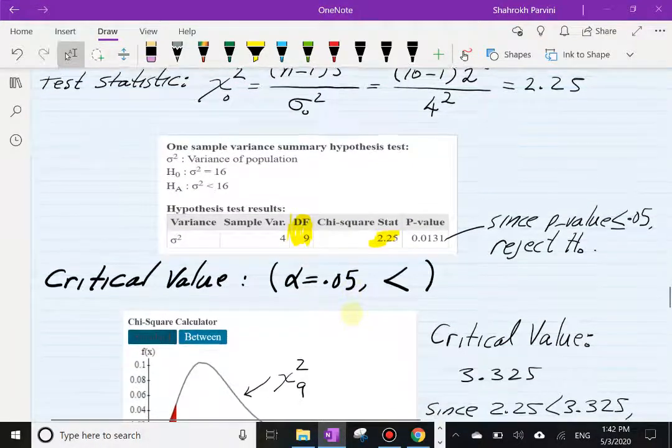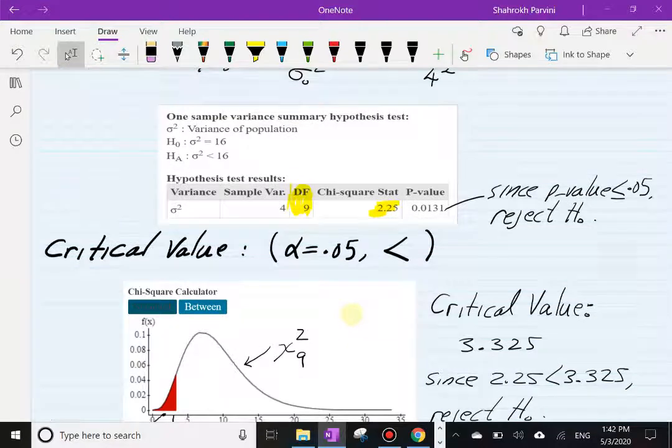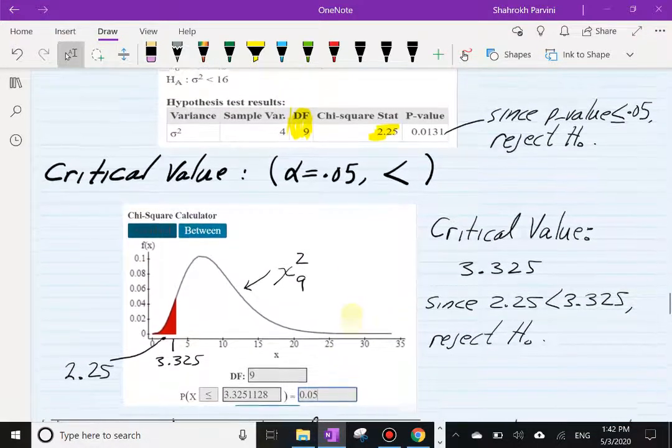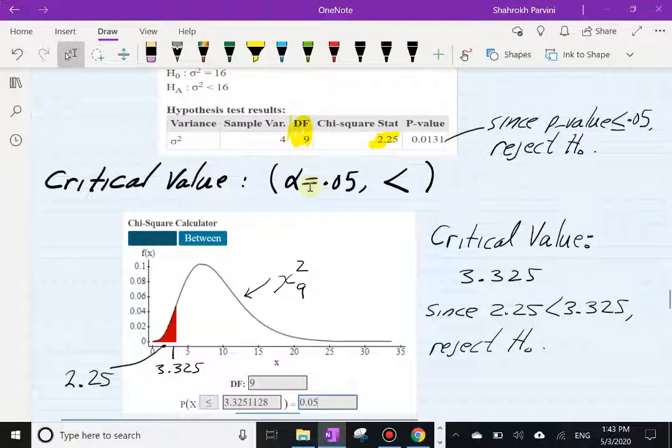So remember, to be able to find the critical value, we need two pieces of information. We need the significance level alpha, and we need to have the alternative, whether it's less than, greater than, or not equal to. Those two pieces of information is what we need here.